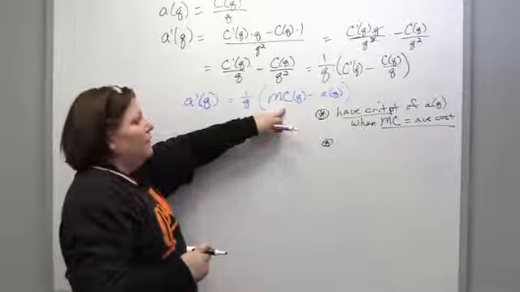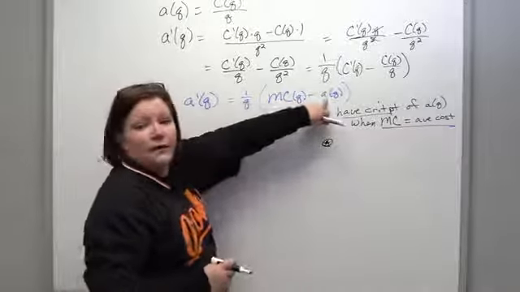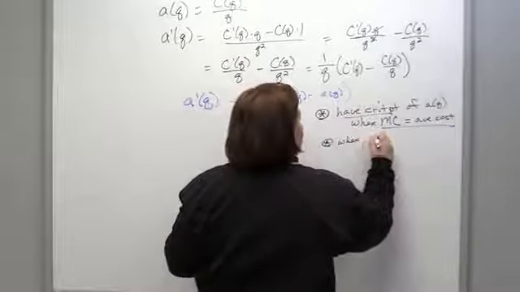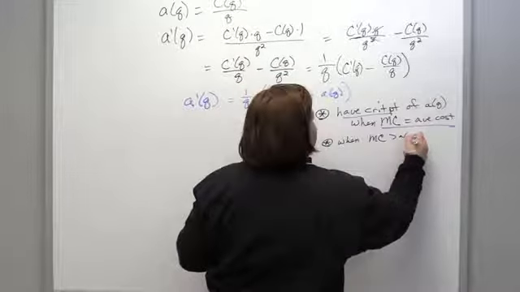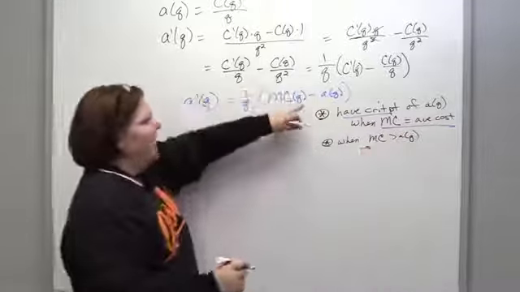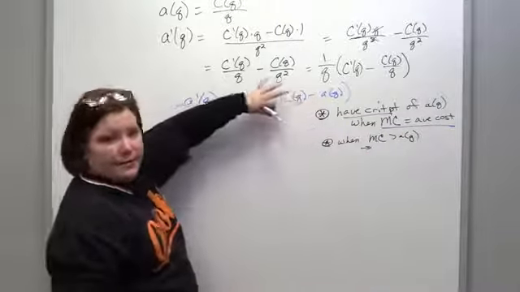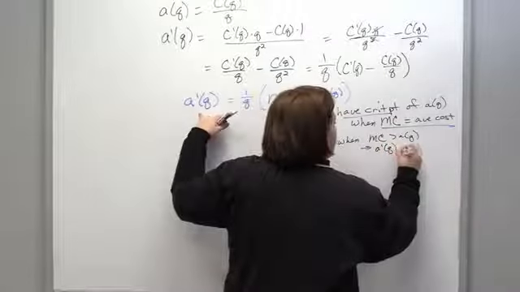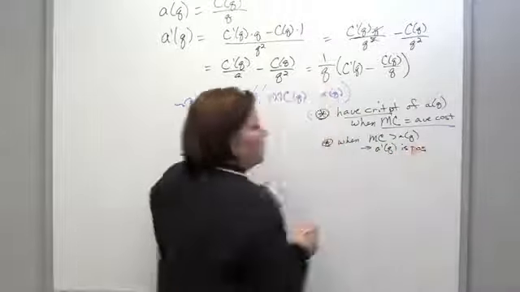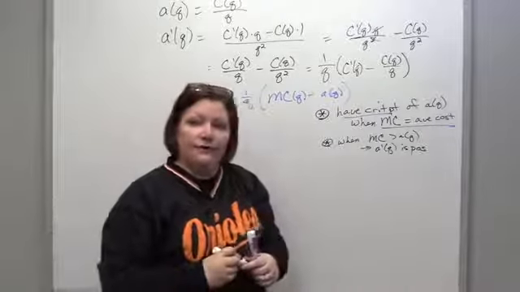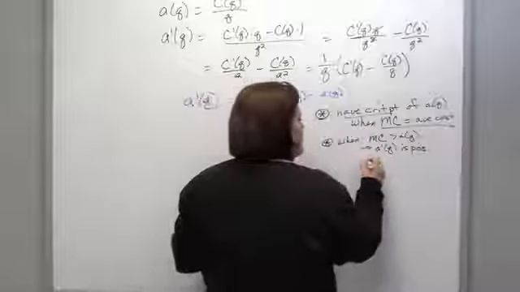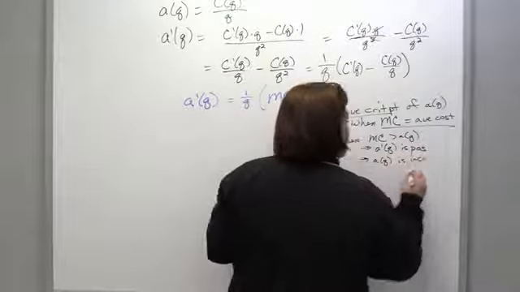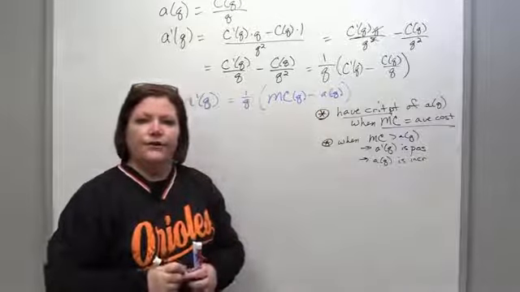When marginal cost is bigger than average cost, that means this is positive, which we talked about: when the derivative is positive, that means average cost is increasing.